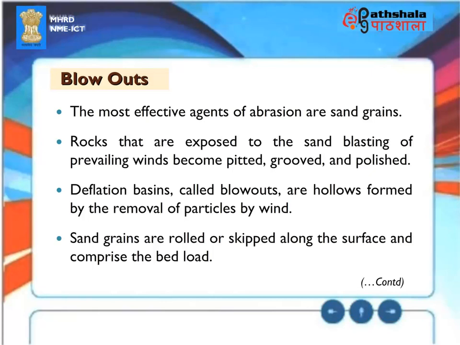The most effective agents of abrasion are sand grains. Rocks that are exposed to the sand blasting of prevailing winds become pitted, grooved, and polished. Deflation basins, called blowouts, are hollows formed by the removal of particles by wind. Sand grains are rolled or skipped along the surface and comprise the bed load.